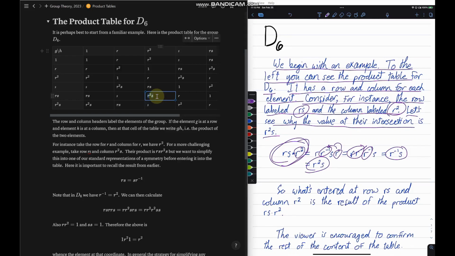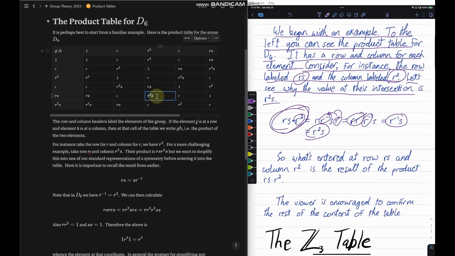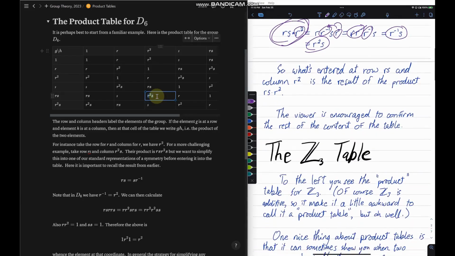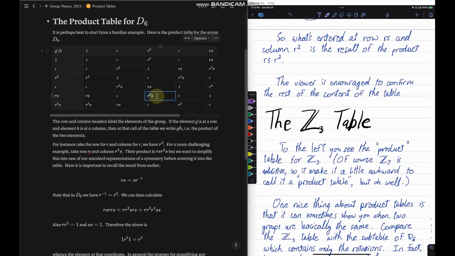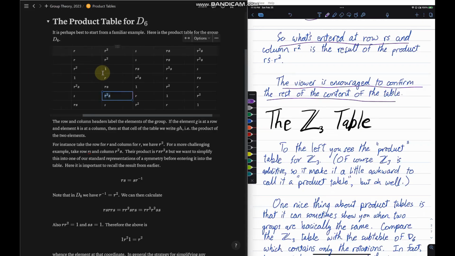Here, n is 3. And that's why R squared S is located at that coordinate of the table. So what's entered at row RS and column R squared is the result of the product, RS on the left, R squared on the right. The viewer is encouraged to confirm the rest of the content of this table.